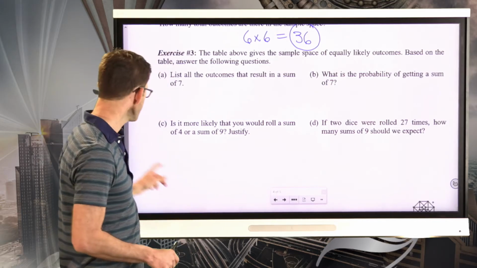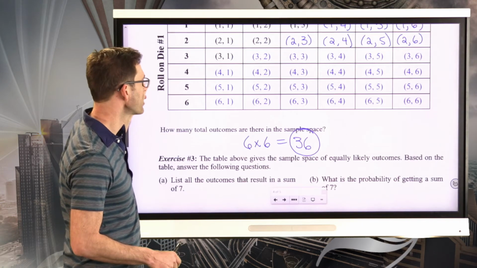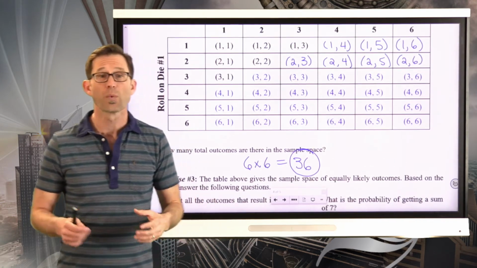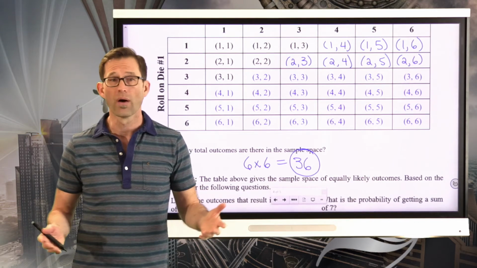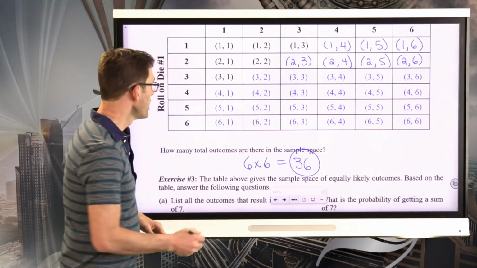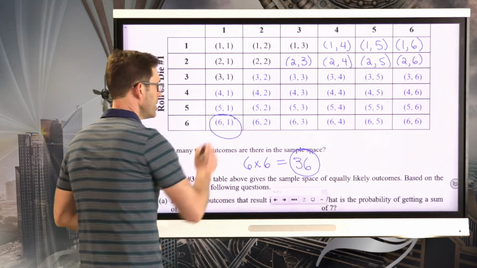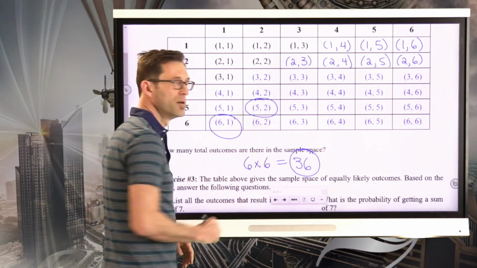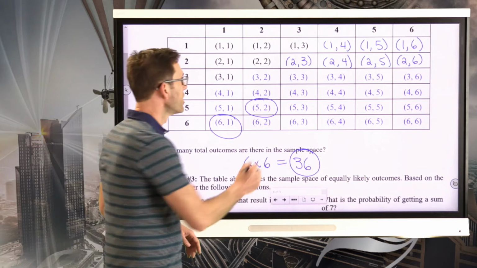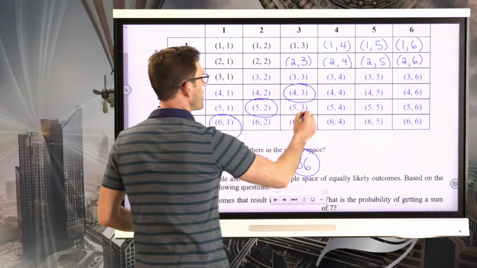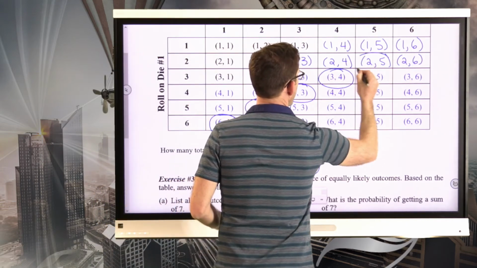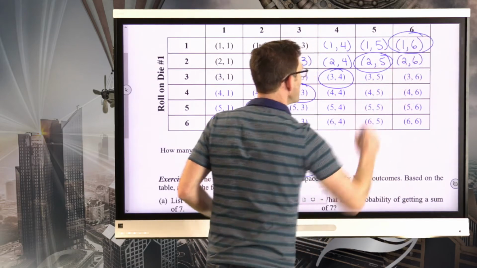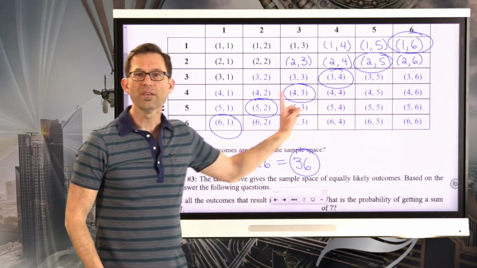All right, well, let's go up to this table and look for those 7s, right? 7 was the one, at least when I rolled the die, I got more often than any other ones. Well, here's a 7, 6, 1. Here's a 7, 5, 2. Here's a 7, 4, 3. Isn't that kind of nice, right? All of these have the same sum.